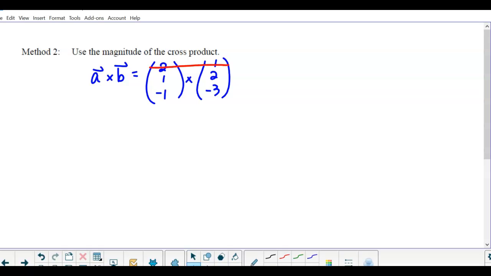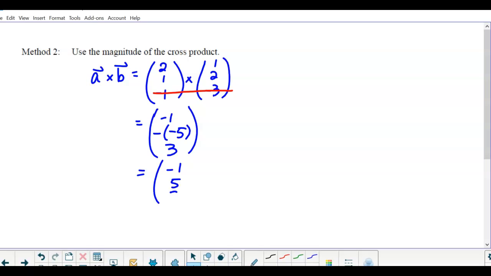Okay, so you can start with your one like that. So -3 minus -2 is like adding 2, so that's going to be -1. Then opposite of -6 minus -1, so that's going to be opposite of -5. And then 4 minus 1 is 3. So really that's -1, 5, 3.